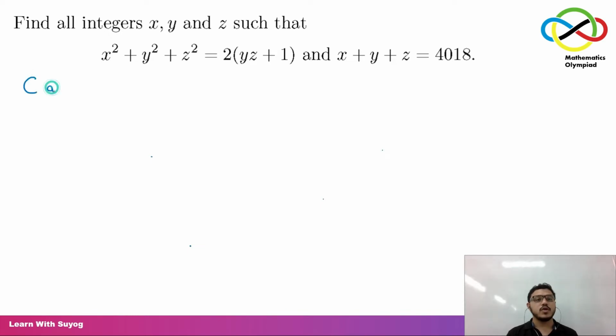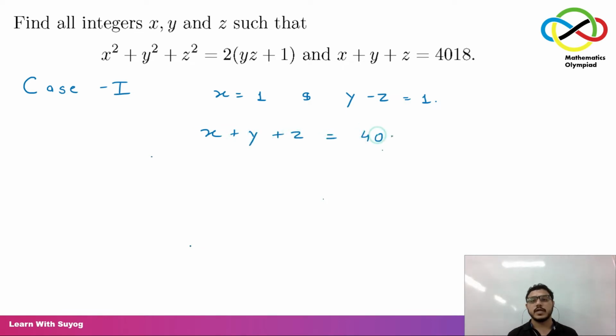In case 1, we assume x equals 1 and y minus z equals 1. We are given x plus y plus z equal to 4018.